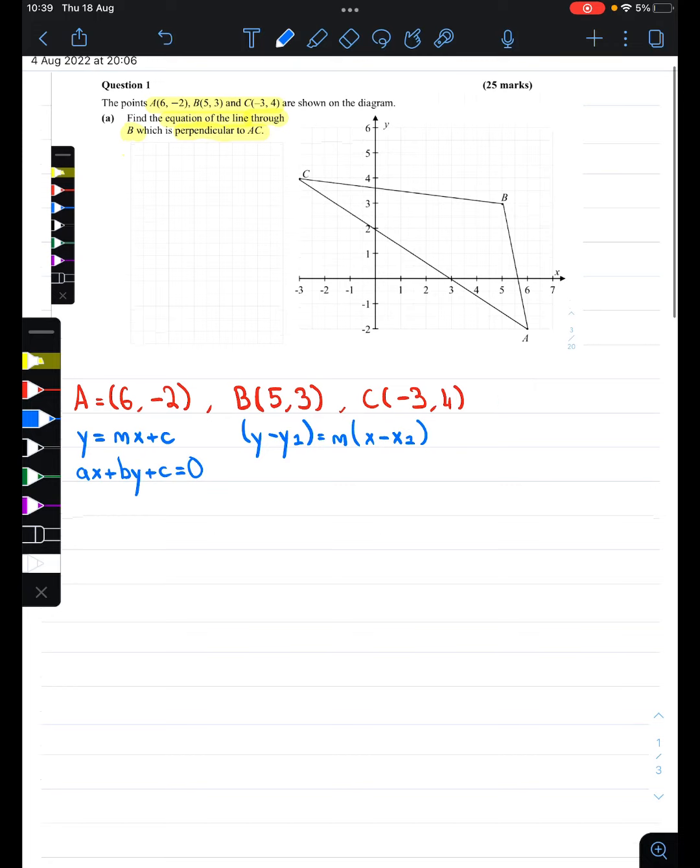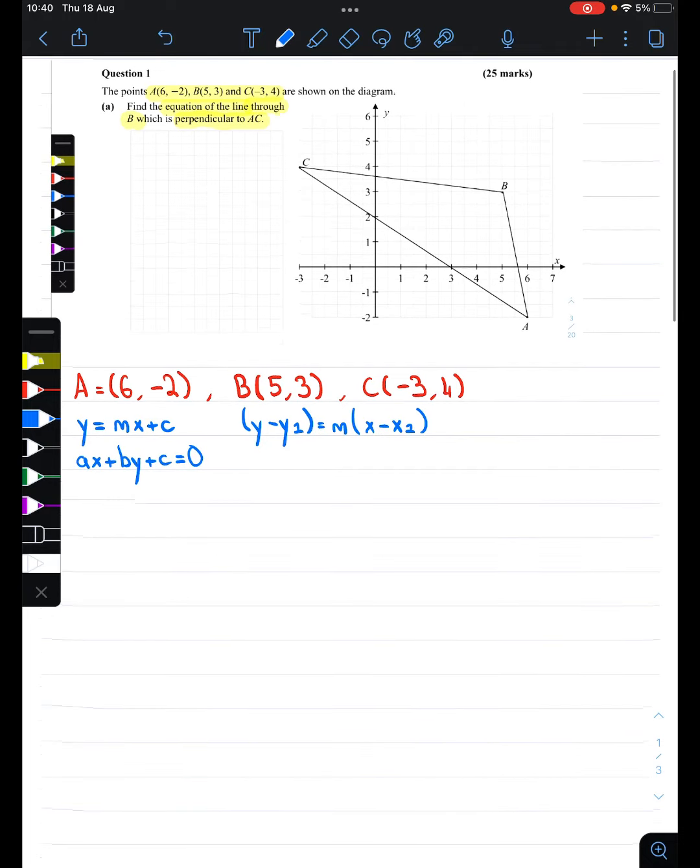So the equation of the line is through B, perpendicular to AC. What is perpendicular? We're talking about a line that's perpendicular to another line, and whenever you hear that, the first thing you should think of is the product of slopes equals -1.